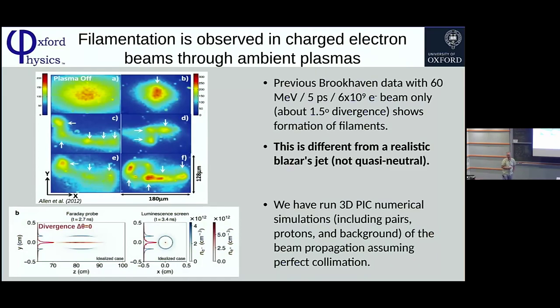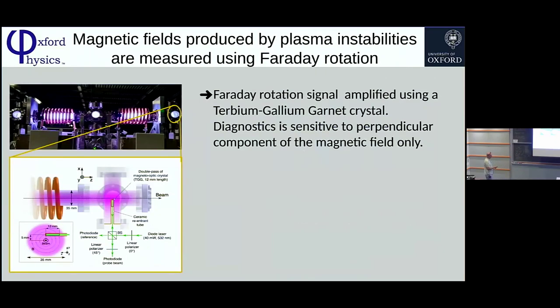Okay, so in order to measure the formation of an instability, we need to measure first a magnetic field. So we did this measurement using Faraday rotation. Faraday rotation, essentially, you fire a laser into the plasma, and you see if the polarization of the laser is changed as it crosses the plasma. Since we knew that the fields are very small, we used a trick that enhances the rotation using a particular crystal.